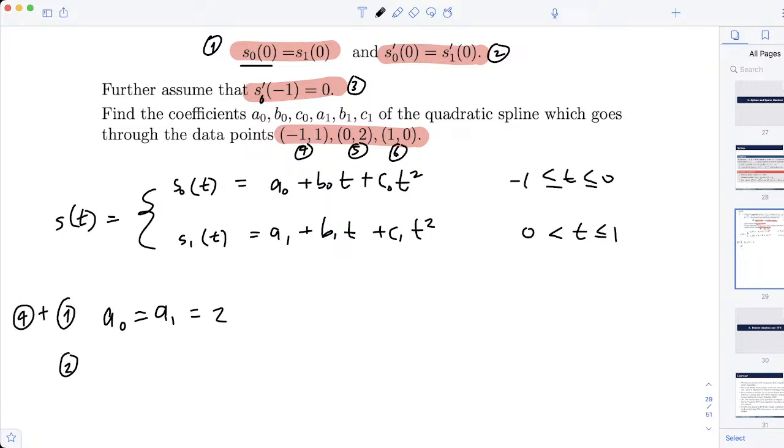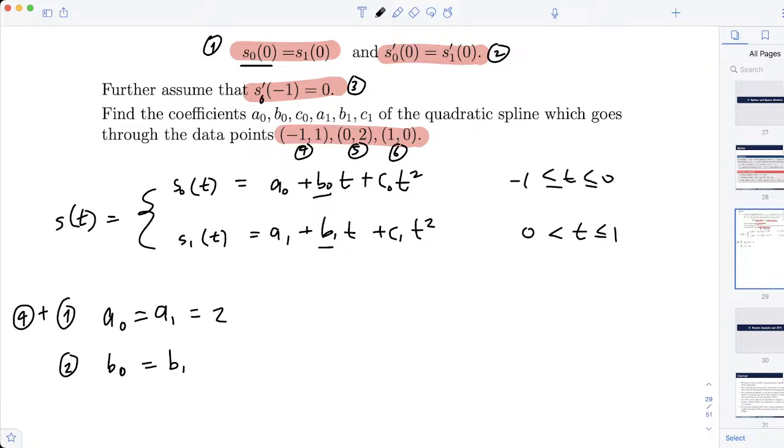Let's have a look at our second condition. This time we're taking the derivative of these two, and they are equal to each other. So if we take the derivative and then set t equal to 0, that's just going to give us b0 and b1. So the second condition gives us that b0 is equal to b1, right? We just keep that in mind, and we can't do anything else from it for now.